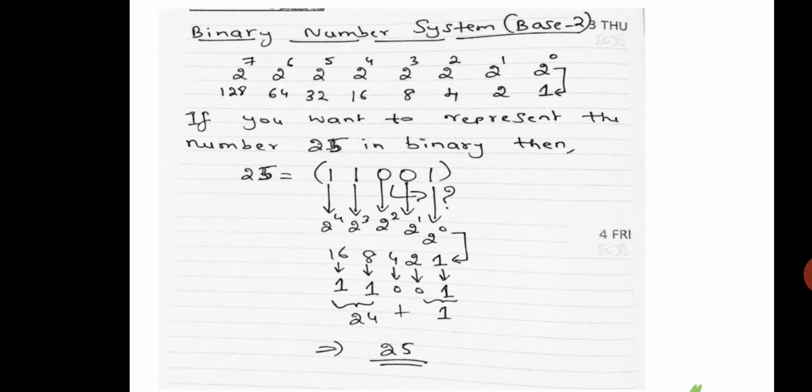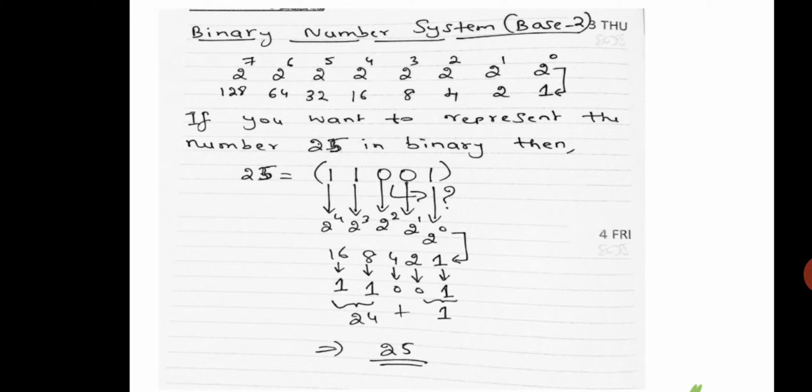I want 2 to the power 3, that is nothing but 8, I put 1. I need 2 to the power 4, that is nothing but 16, that's the reason why I put 1. After putting those values, I got 24 plus 1, so total 25. If I ask you to represent 25 in binary, the value will be 11001.